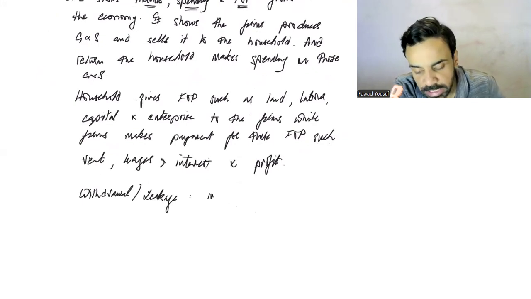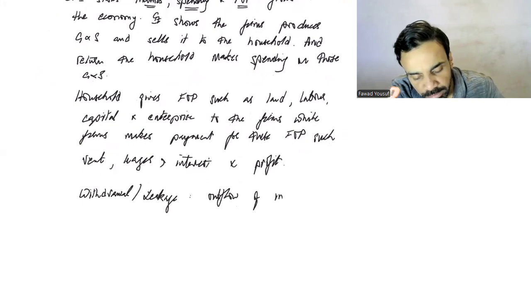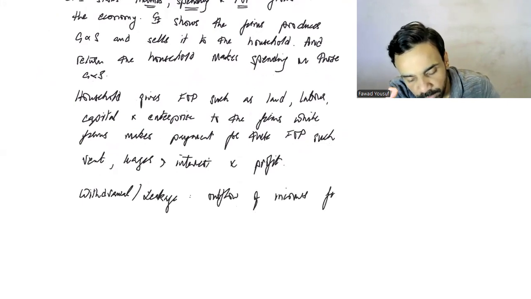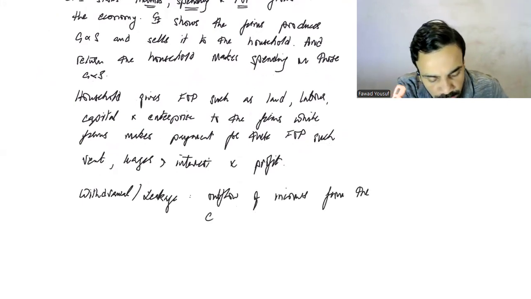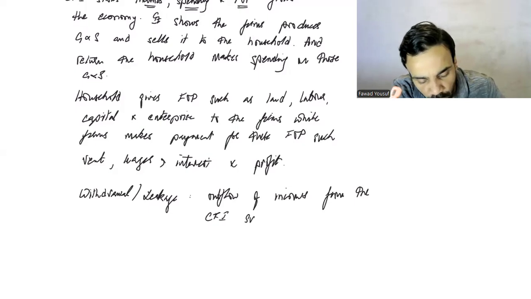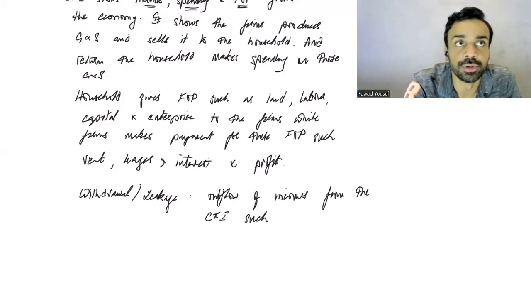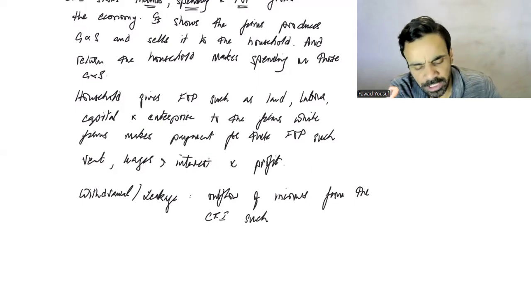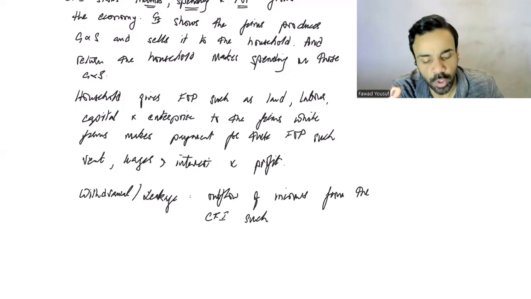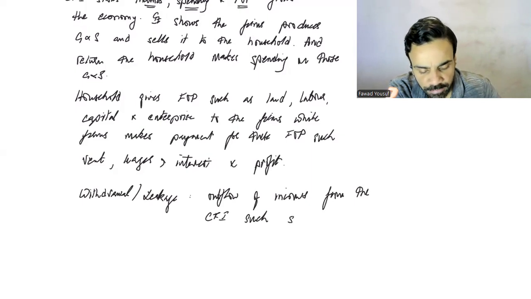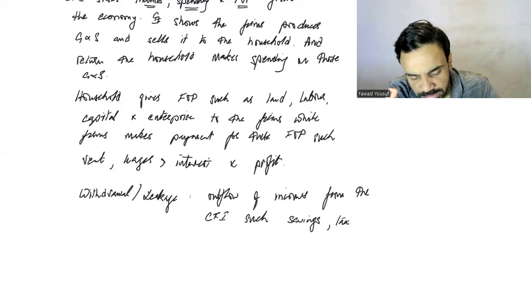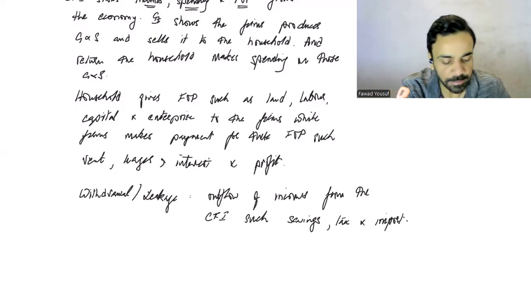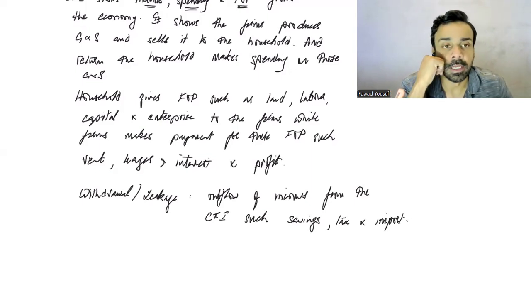So withdrawal is the outflow of incomes from the circular flow of income, or फिर definitely you should suggest what leakages we have, such as savings and taxes and imports.